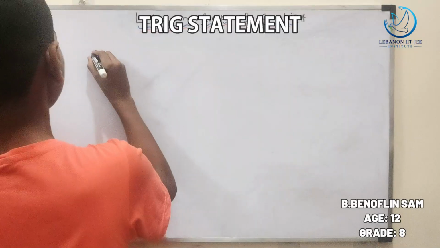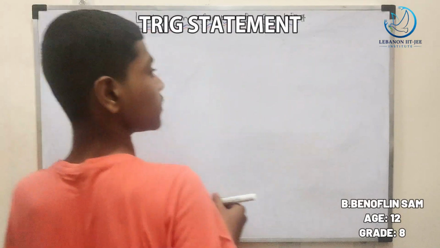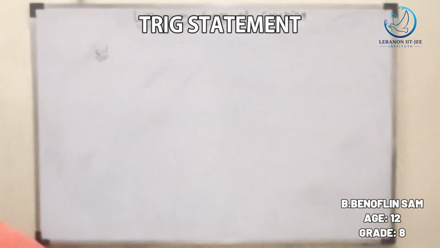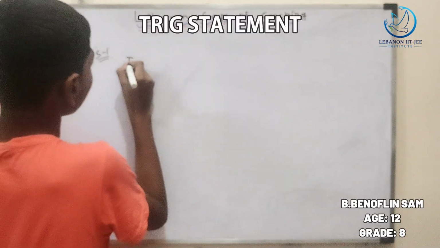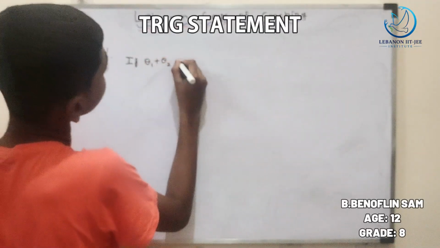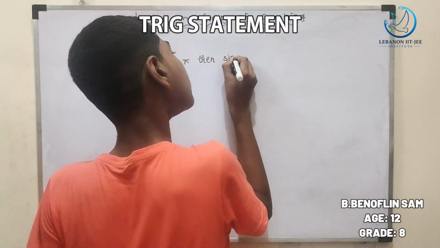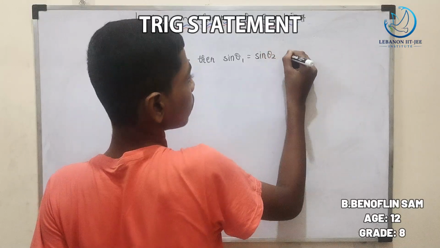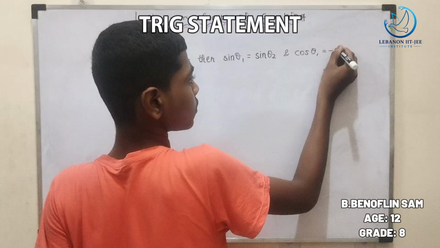The statement one we can take as S1. Statement 1 is: if theta 1 plus theta 2 is equal to pi, then sin theta 1 is equal to sin theta 2 and cos theta 1 is equal to minus cos theta 2.